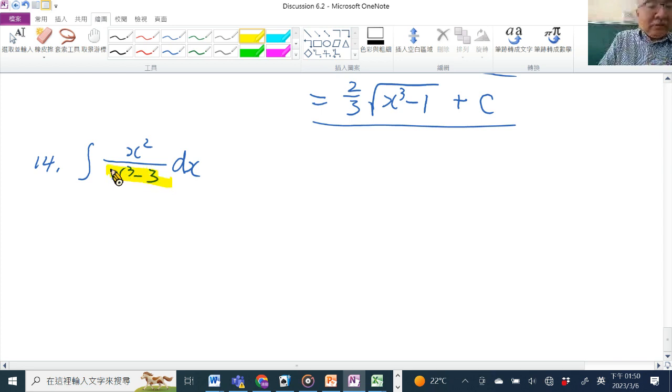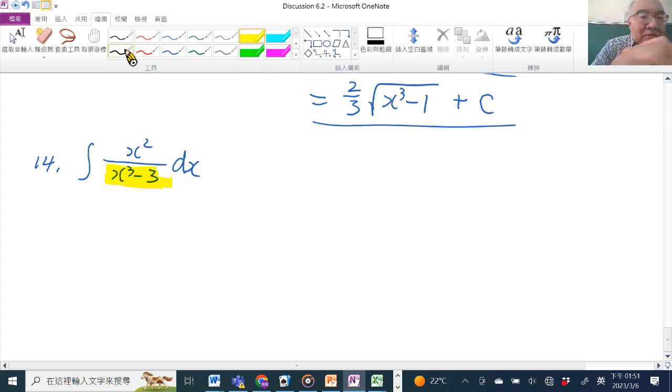In addition to this possible substitution g of x, check whether the remaining part contains g prime or not, which happens to be 3x squared. We do not have a 3x squared, but we have x squared. It's proportional to 3 times x to the power 2. So it's probably okay.